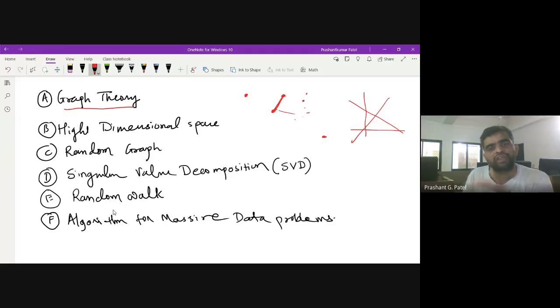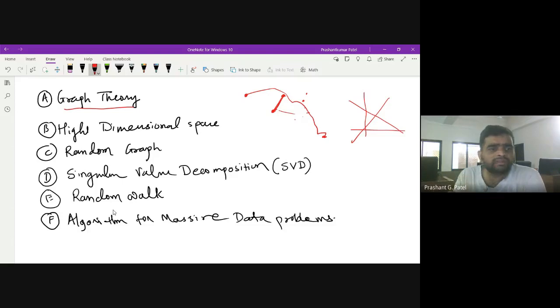Maybe we don't know whether it is connected. That means, if this web page has a link to that web page, or via some other web page, that web page will open. That is the problem of finding the shortest path in the graph. So there are various interesting properties of graph theory, and various applications available in the literature. So we'll study the first topic, graph theory.